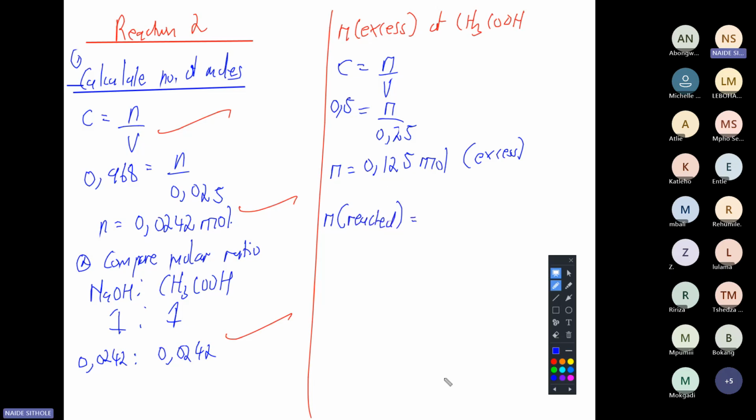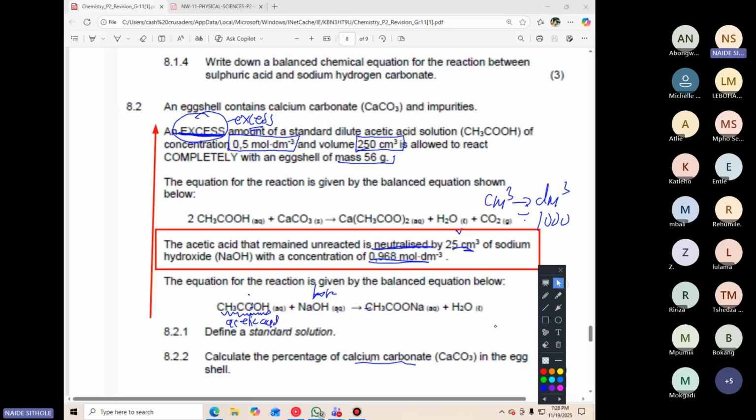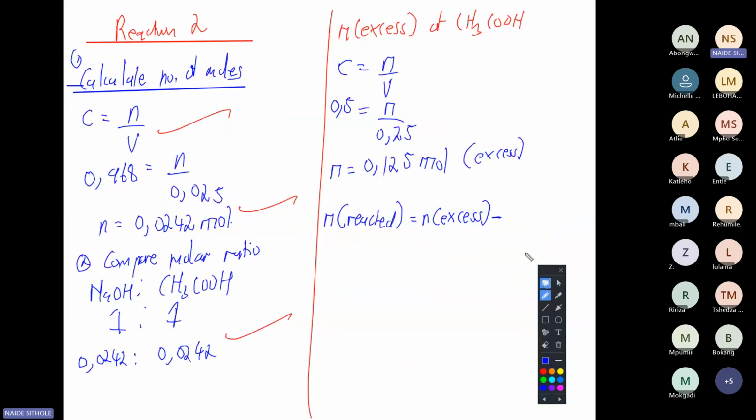To calculate the number of moles that reacted, we can say the number of moles that were left in excess minus this number of moles here that were left unreacted.